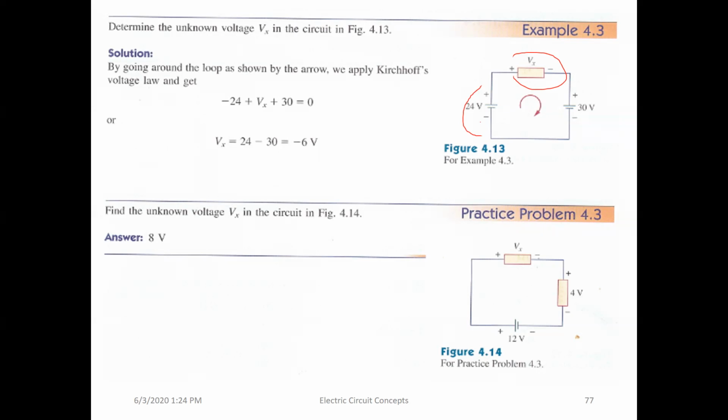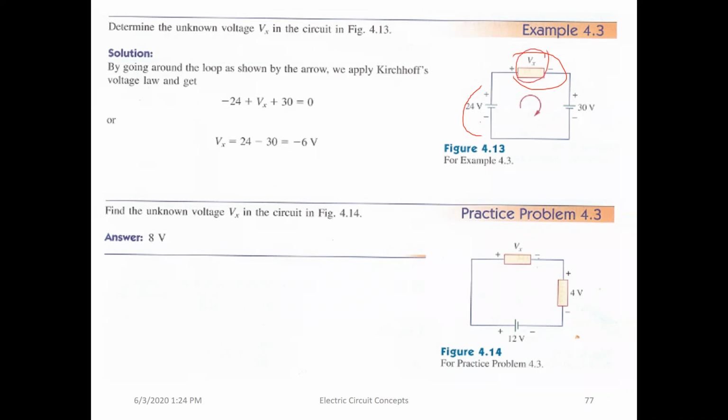Sometimes if we are not given the direction of the current, we should assume either clockwise or anti-clockwise, but as I mentioned earlier, people like to assume the current flowing clockwise. Okay, so we need to determine the unknown voltage Vx.